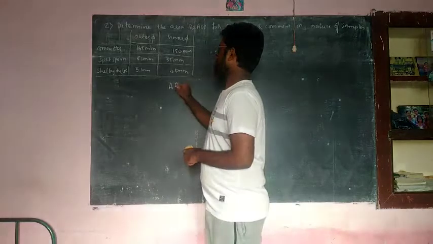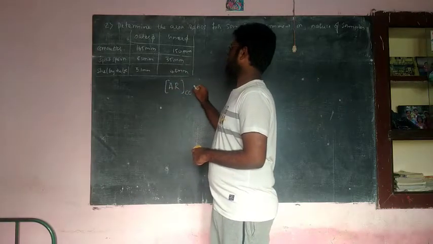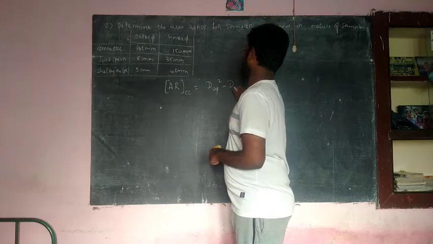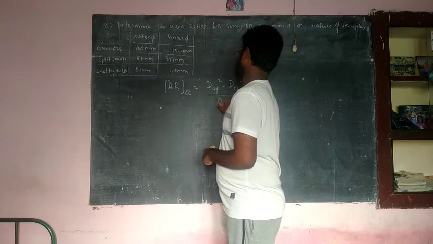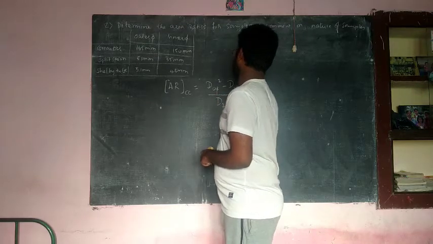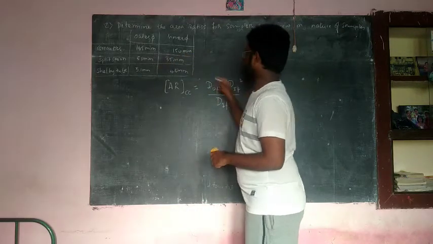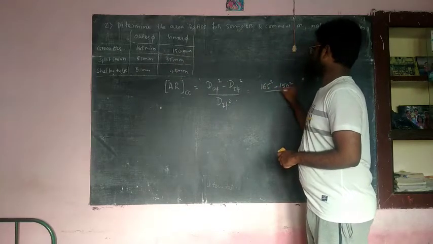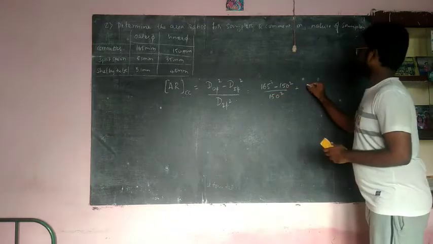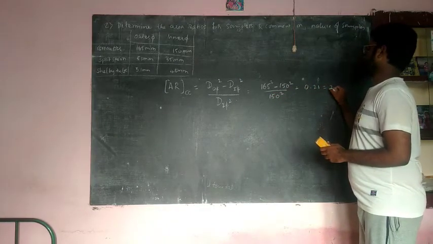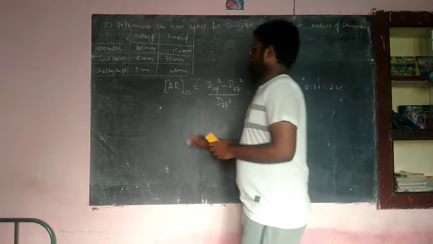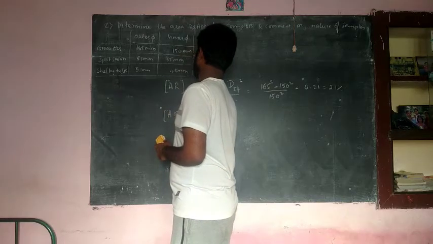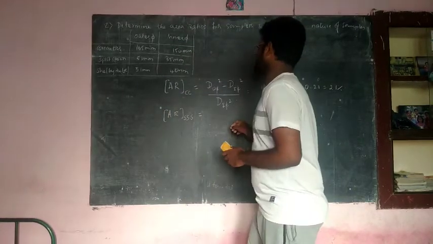The area ratio for the core cutter is given by (outer dia square minus inner dia square) divided by inner dia square. What is outer dia here? 165. So (165 square minus 150 square) upon 150 square is 0.21, which is 21%. Now, the area ratio of the split spoon sampler is how much?